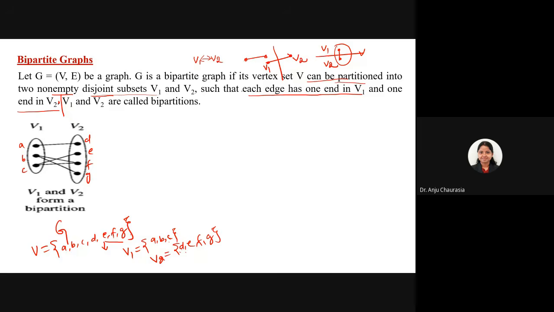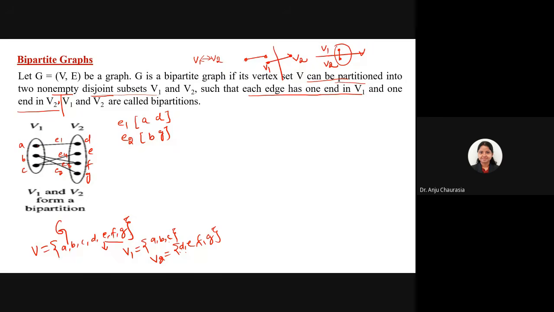And each edge, how many edges? One edge, two edges, three edges, four edges. Each edge: E1 is an edge, and what are the end points of E1, meaning the initial and terminal points? AD, right? What is the edge E2? Suppose I am giving the name: E2 is BG.